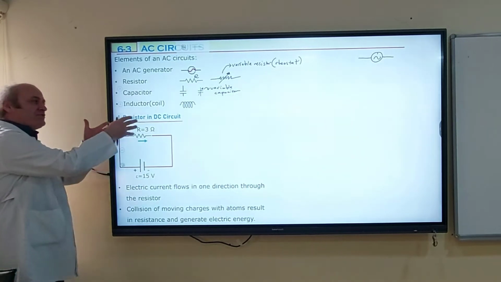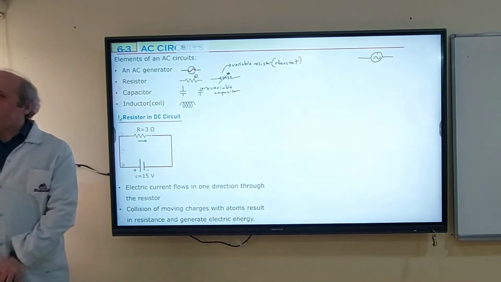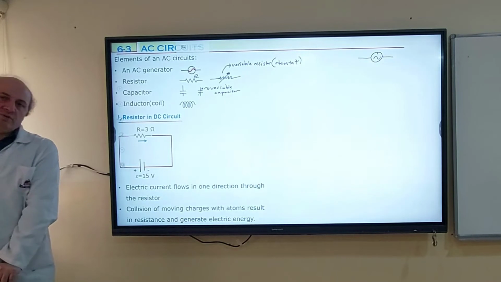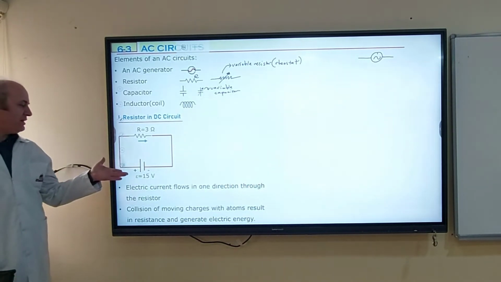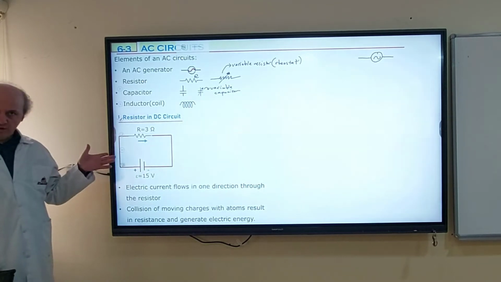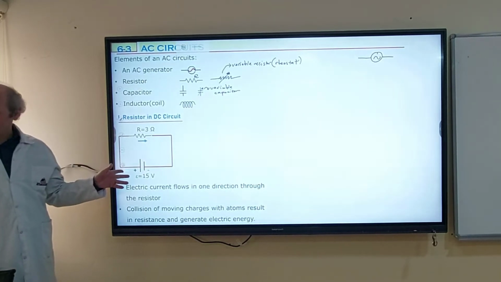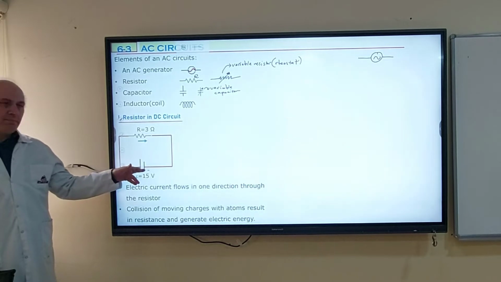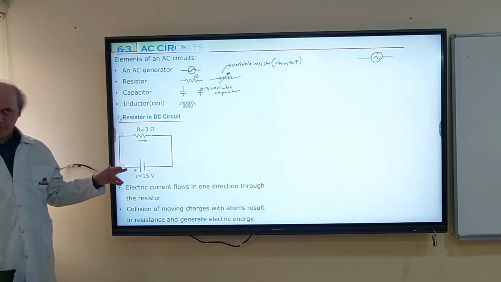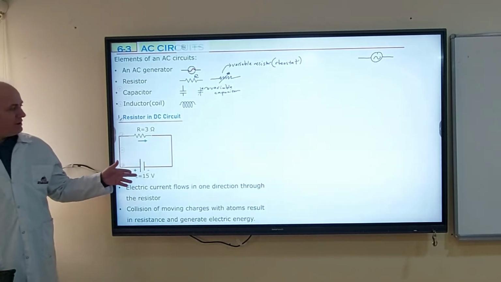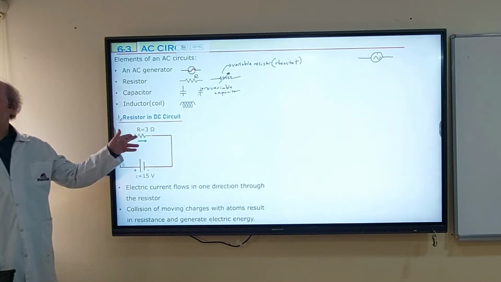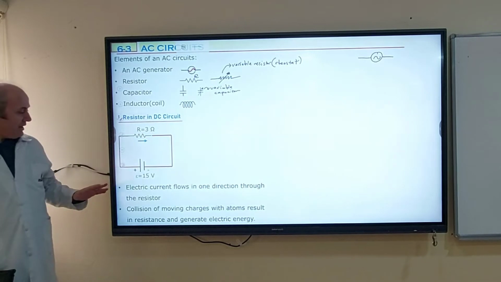This is a resistor in a DC circuit. Now, in the first title of this section, we will compare DC and AC circuits. A DC circuit, as I defined before, consists of a battery, with negative and positive terminals. This DC battery has an EMF of 15 volts, and it is attached to a resistor whose resistance is 3 ohms.